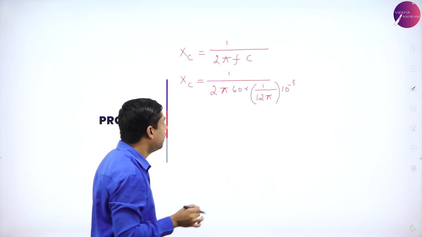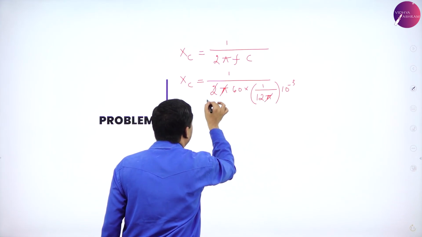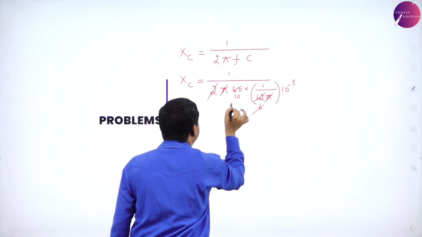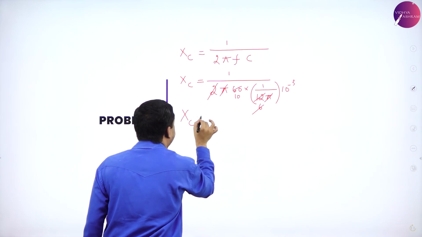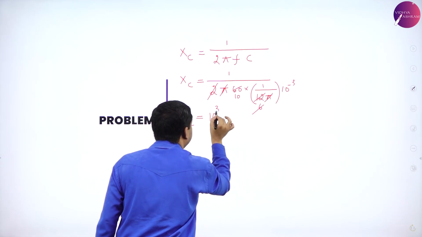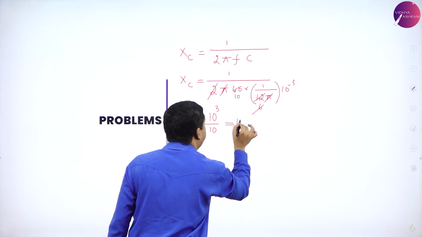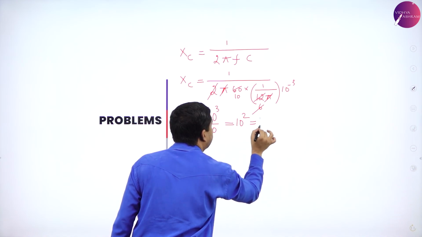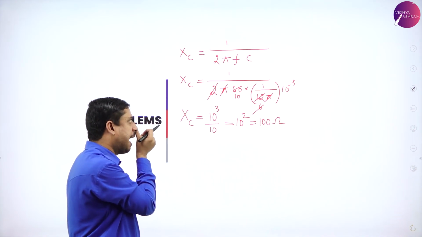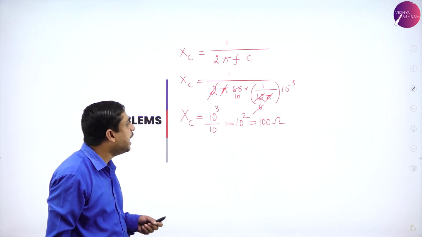So pi and pi get cancelled. 2 goes 6 times, 10 times. So XC is 10 power 3 divided by 10, which is 10 power 2, which is 100 ohms. So I have calculated XC, which is 100 ohms.